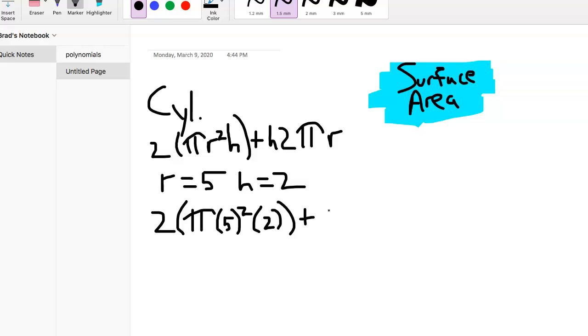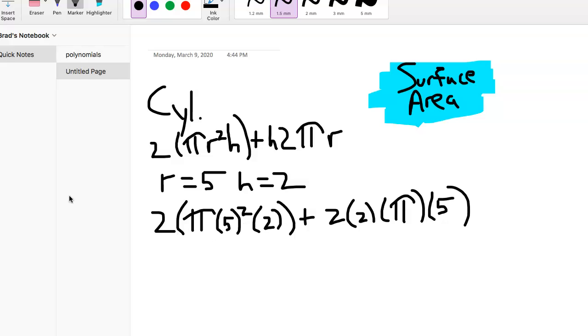Plus, we said the height was 2 times 2 times pi times the radius, which is 5. Okay, so just a bunch of numbers.